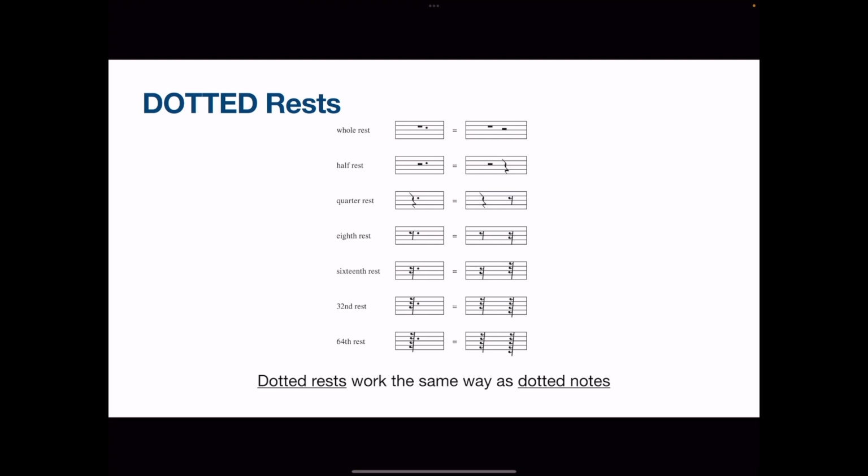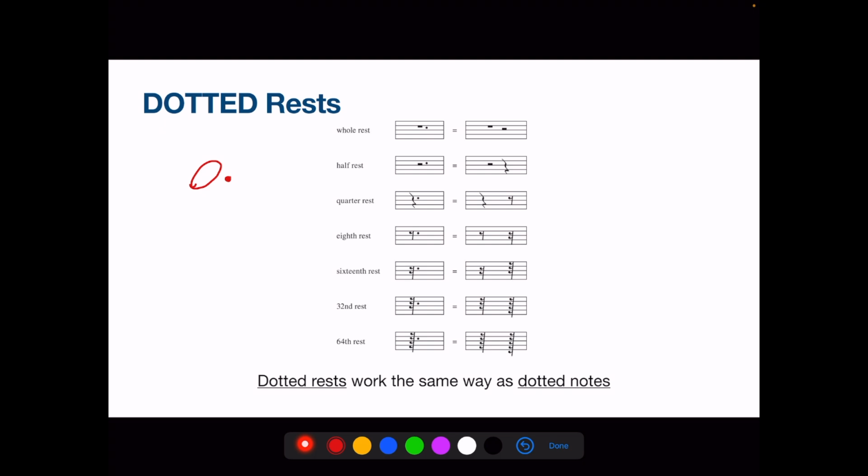Next, dotted rests work the same way as dotted notes. So if you have a whole note, right? A whole note has 4 beats, and a dot means half of its value, which means 2, and this would equal 6 beats. It's the same thing when we want to write a whole rest, and if we add a dot, it basically also equals 6 beats of silence.